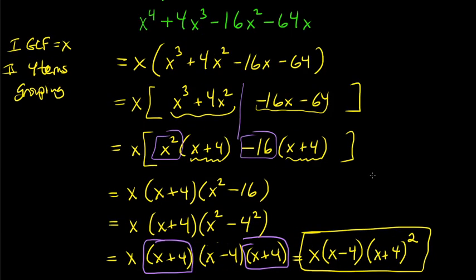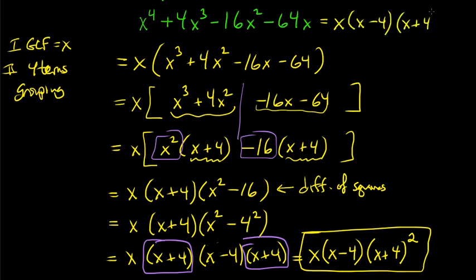So yeah, this one was a bit of a long one. There's a lot of steps here. There's the GCF, there's the grouping, and then here there's the difference of squares, difference of perfect squares. So three problems all in one. And in the end, you're just going to end up with x times x minus 4 times x plus 4 squared.